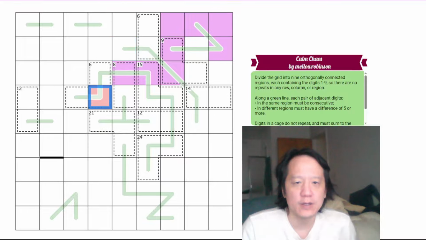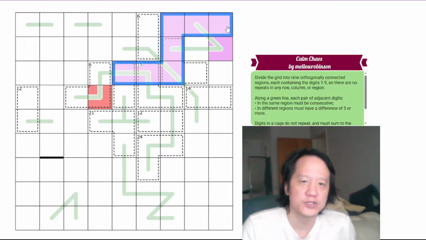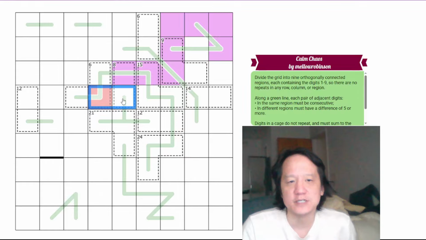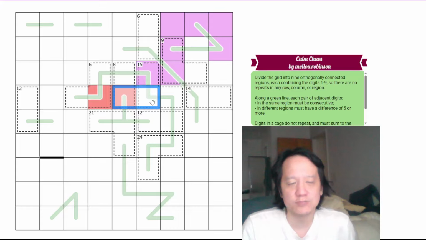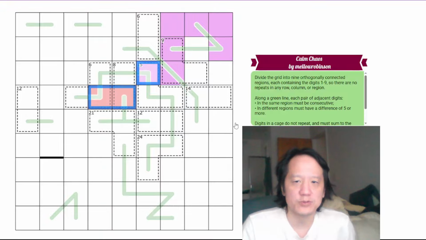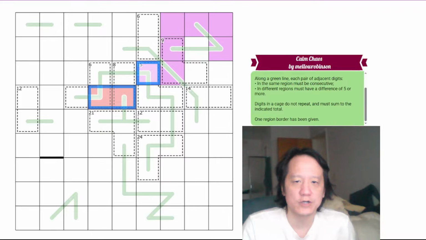This would not be because this cell, to get to any other cell in the region, has to either go through a corner, or if it goes through edges, it has to exit the region before being able to go to any other cell in the region. This also would not be valid because even though these two can go to each other by going through edges while staying within the region, they can't go to any other cell in the region by going through edges while staying within the region. So those are examples of how orthogonally connected regions work.